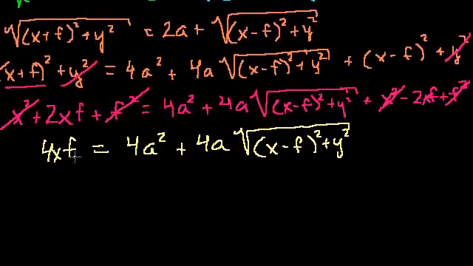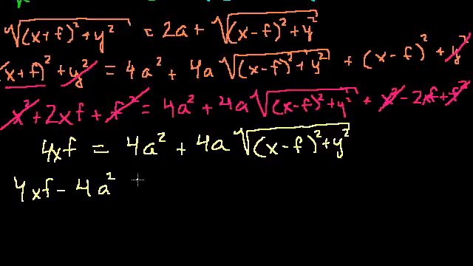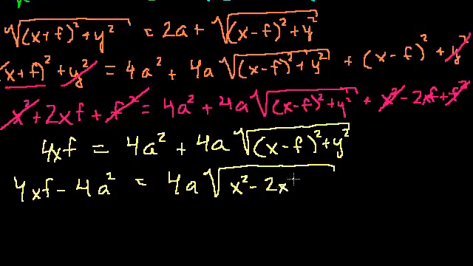So let's take this 4a, put it on this side. So you get 4xf − 4a² is equal to 4a times the square root of, well, let's just multiply this out, because we'll probably have to eventually. x² − 2xf + f² + y². That's this, just multiplied out.